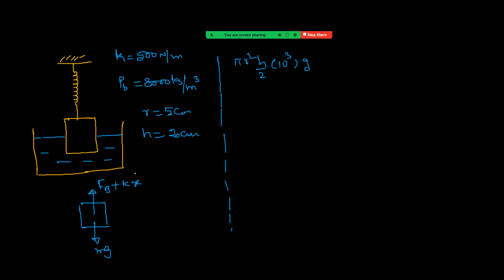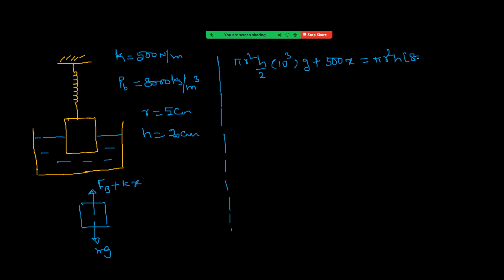Plus spring force kx, and the k value is 500, so 500x. The sum of these two forces is balancing the weight of the cylinder, that is mg. For mg, I have to take volume pi r square h, volume into density.